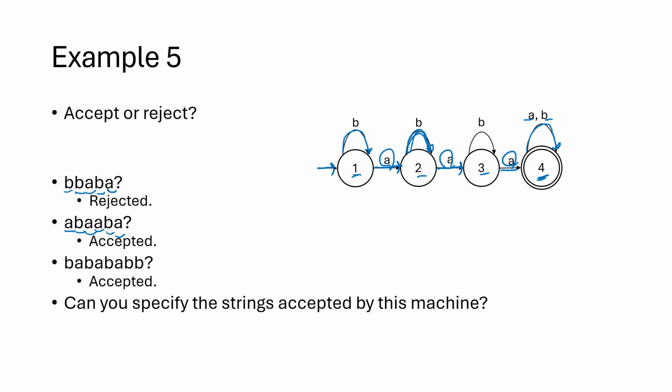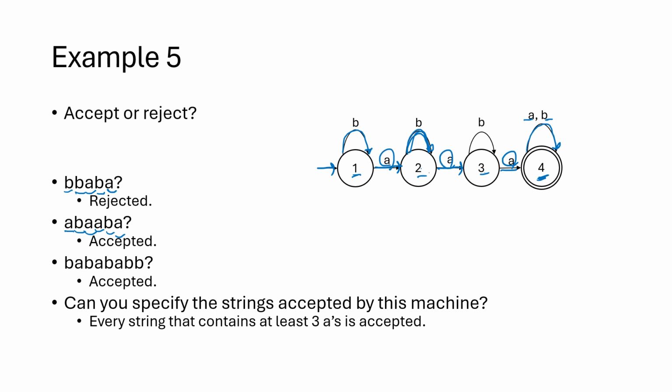So to summarize, if our input stream contains 3 occurrences of the letter A, that is good enough to reach state number 4. And if we get to state number 4, then whatever follows, we are never going to leave state number 4. So this machine accepts every string that contains at least 3 A's, whether they're consecutive or not.